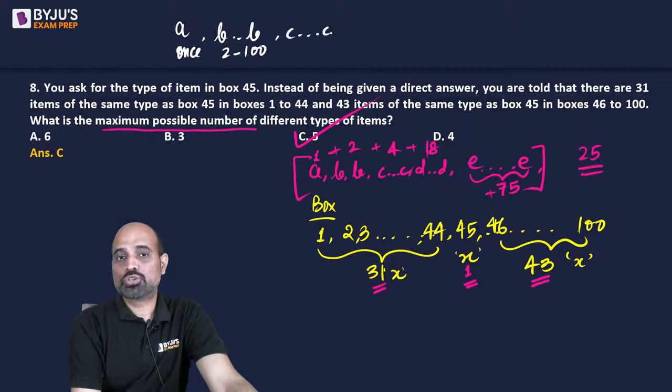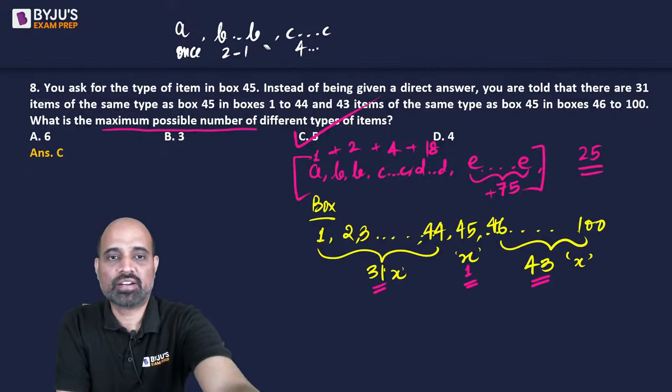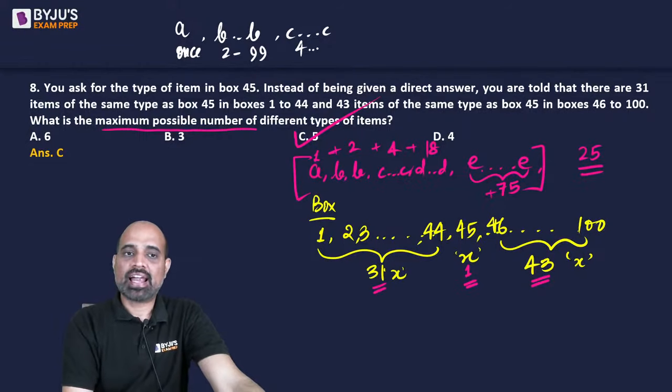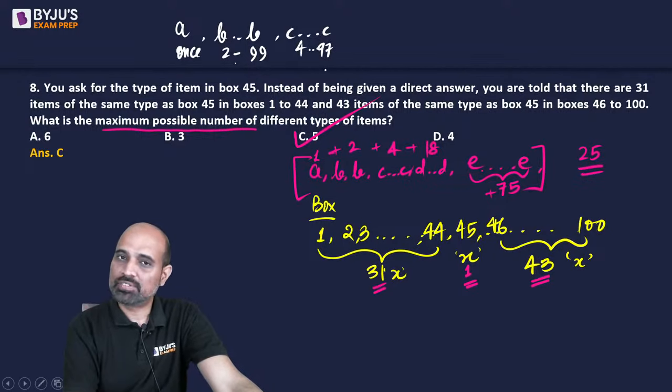If B is 2, then C can be 4, and C can be, sorry, B cannot be 100, it can be 99 at most, right? And if A is 1, B is 2, then C could be the remaining 97, 1 plus 2 plus 97.